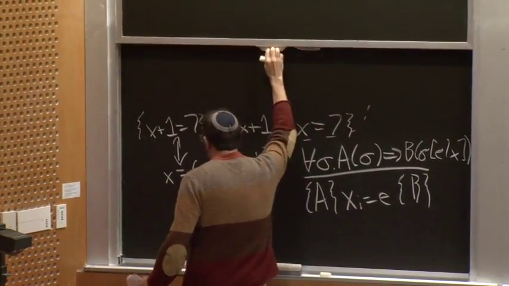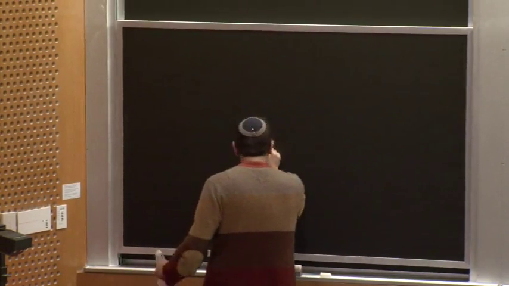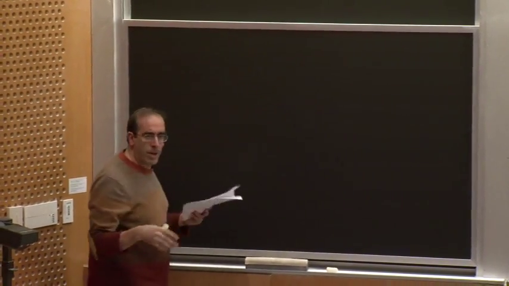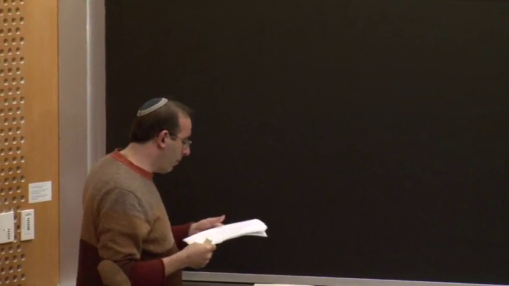Something that can easily be checked in order to demonstrate that there is no solution. And I'm going to show you one such certificate. There are many ways to describe this, but this is a convenient one for what we're going to be doing later.